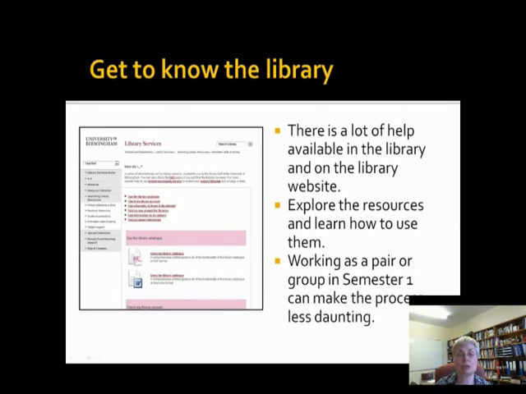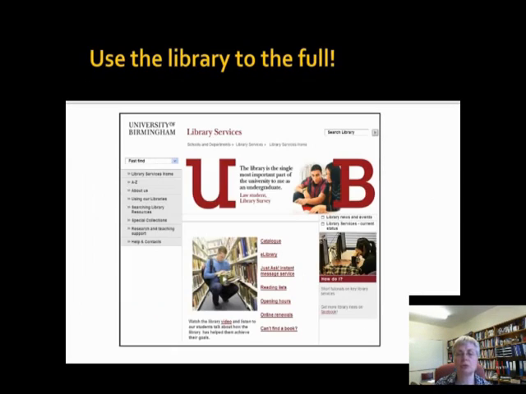Explore what the resources are and learn how to use them. You've got all these things that will help you and take you further than perhaps you've already made use of the library so far. So do look into what's available, and do this together with other people in your group. 2 of you, 3 of you, all of you can investigate the resources that are available through the library.